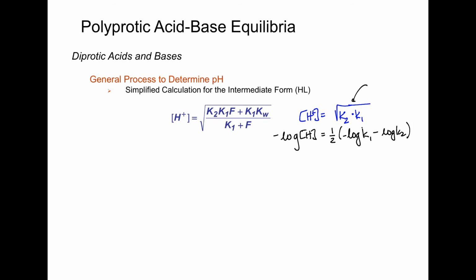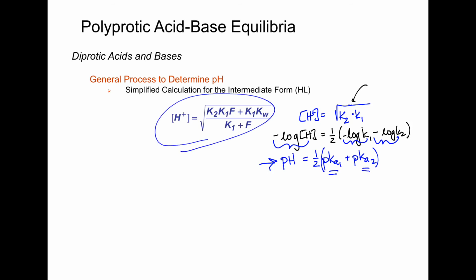It seems like a weird thing to do, but if I take the negative log of the hydrogen ion concentration, I'm finding pH. On this side, it would be 1/2. Negative log of K1 is pKa1, and negative log of K2 is pKa2. So this tells us that we can find the pH by just using the pKa's, without having to do any of this shenanigans over here.